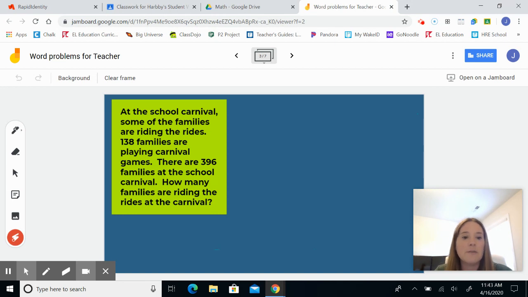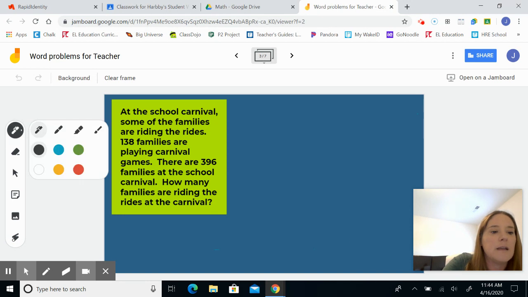All right, the second thing we're going to do is read it for the second time, and we're going to circle important numbers and underline important words. At the school carnival, some. Remember I was saying that the word "some" is an unknown number. So I'm going to circle that because I know that's going to be an unknown number.